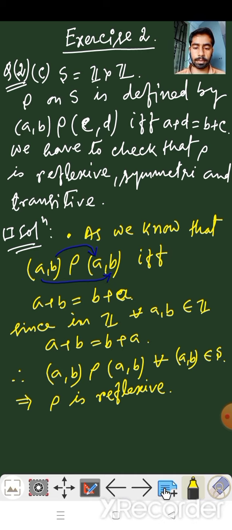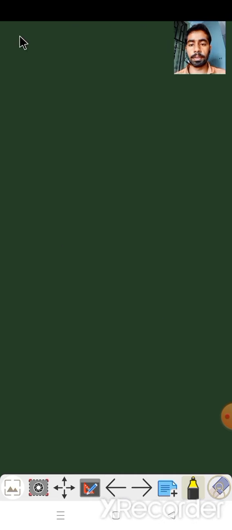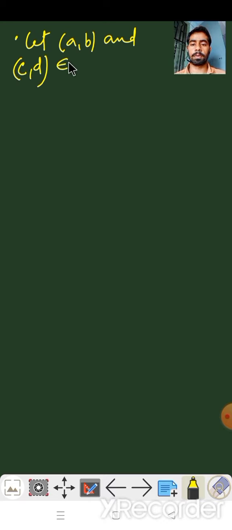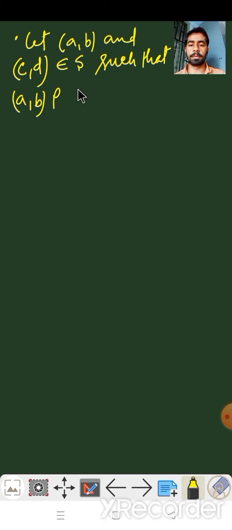Now to check the next, that is, is rho symmetric or not, let two ordered pairs AB and CD belong to S such that AB is related to CD.